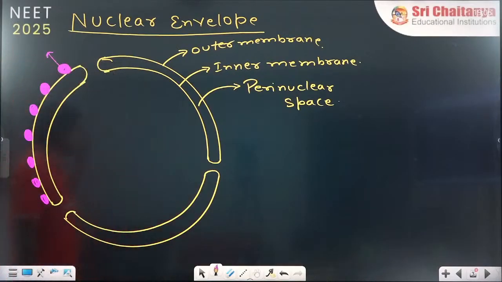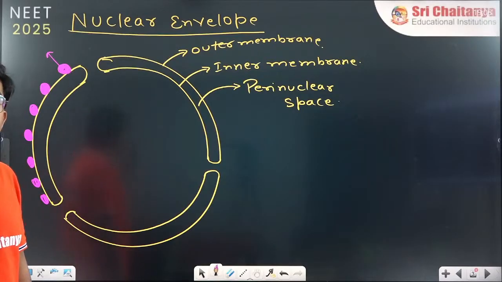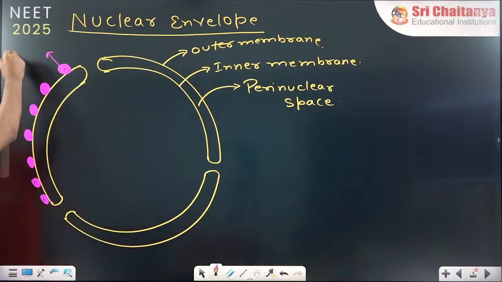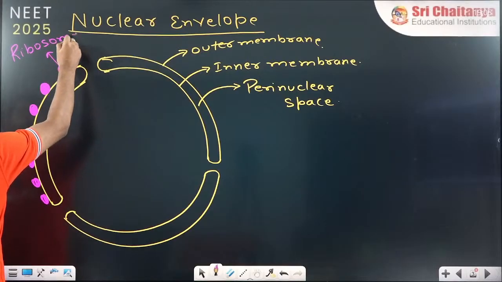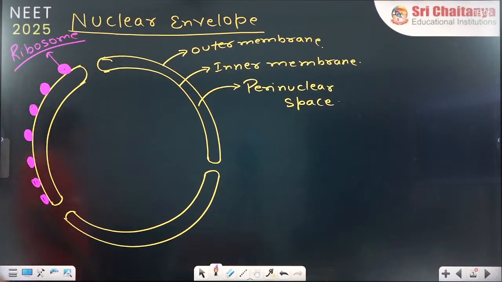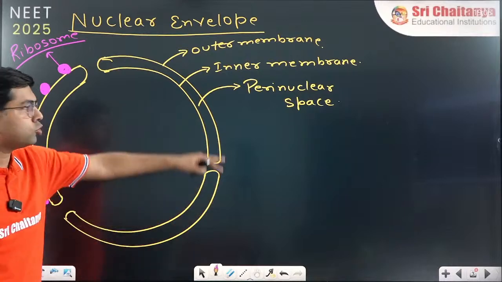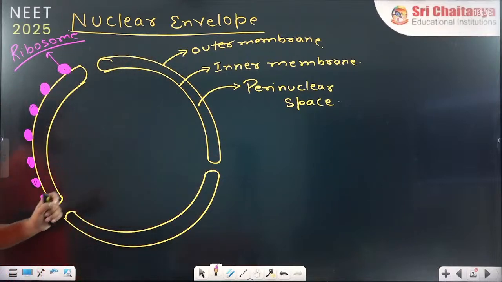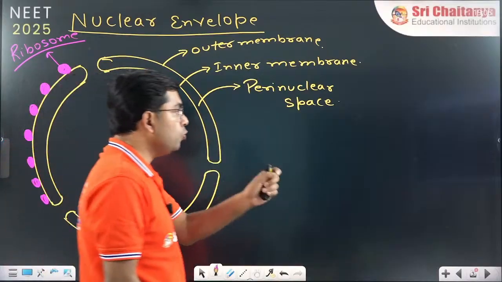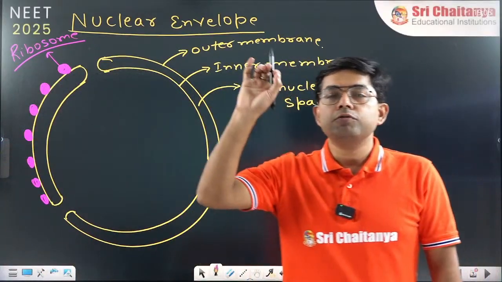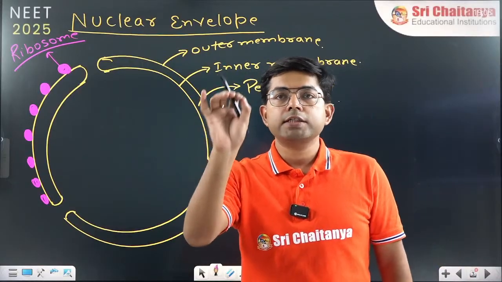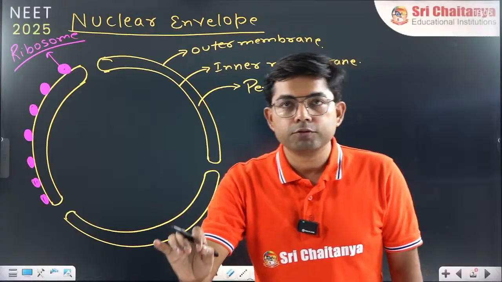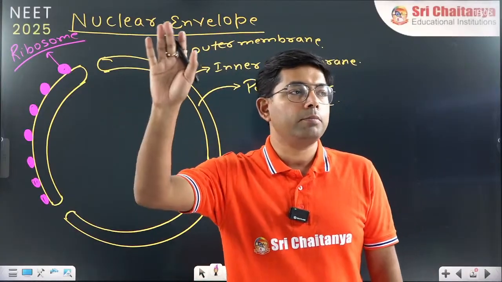Yes. So we have seen that ribosomes can be present on the surface of ER, and also can be present on the outer membrane of the nucleus. Also we have seen that the outer membrane of the nucleus is continuous with which cell organelle? Name the cell organelle which is continuous with the outer nuclear membrane.